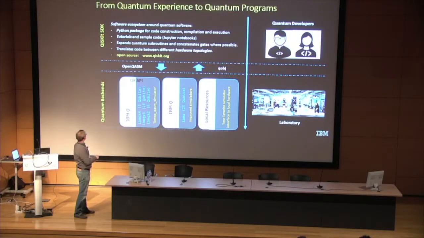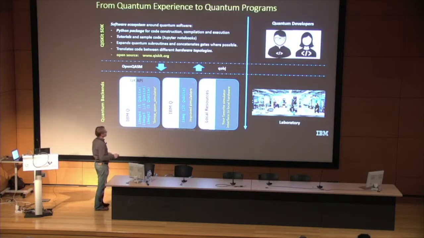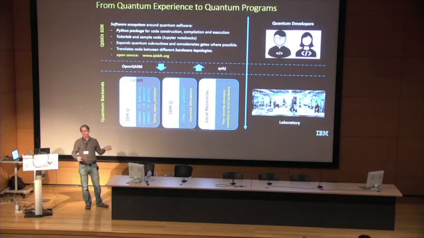So, for example, talking to the IBM quantum experience, these 5 to 16 qubit chips that are publicly available, or to the IBM Q 20 qubit chip, or some simulators, or also local resources like the simulator that you have on your own laptop computer.